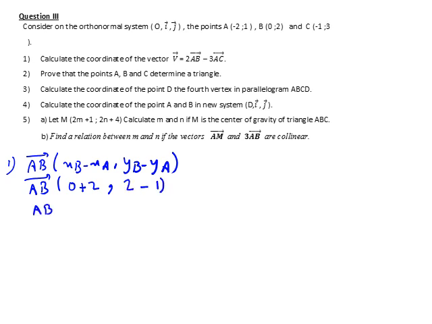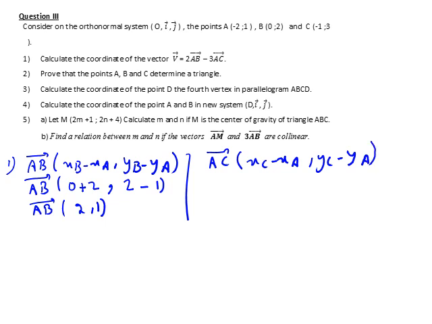So AB vector is 2, 1. Now AC vector: XC minus XA, YC minus YA. XC is minus 1, minus XA minus 2 becomes 2, YC 3 minus YA 1. AC vector is 1, 2.